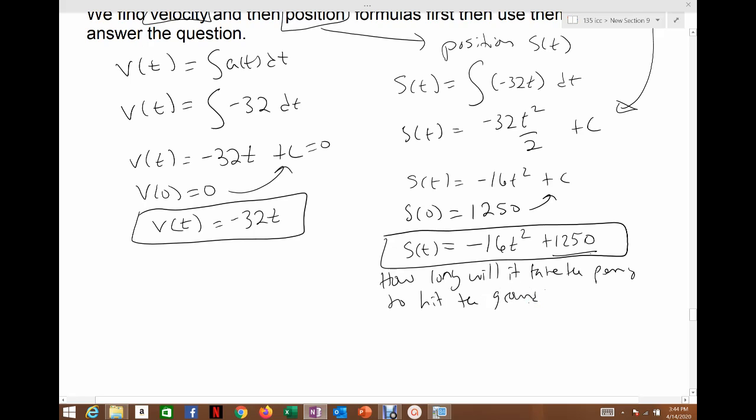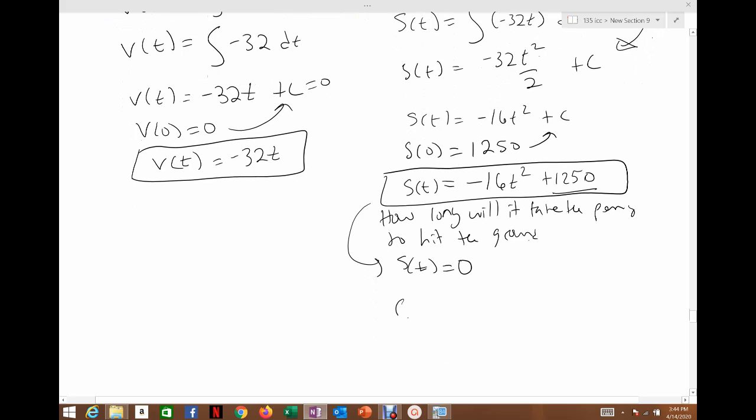Well, it means how long will it take to travel that 1,250 feet. When we hit the ground, position is 0. The height of the object is 0 feet from the ground. And so we want to know how long it'll take that position equation to reach 0.